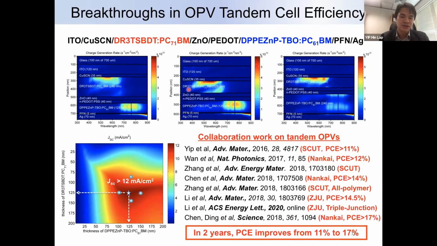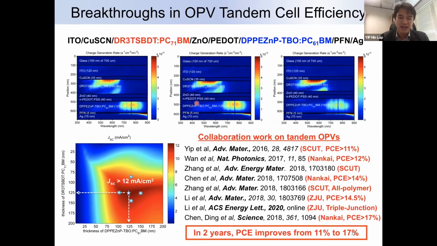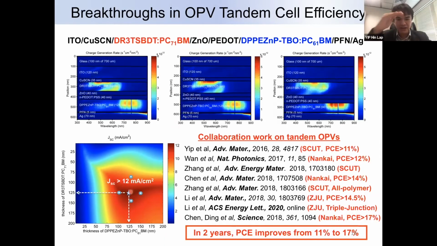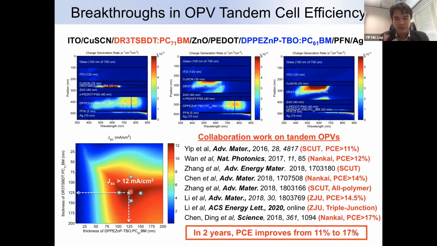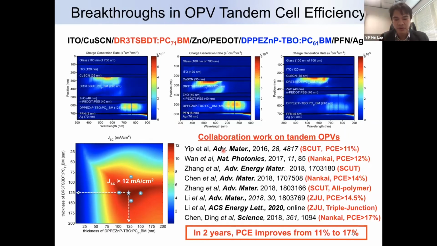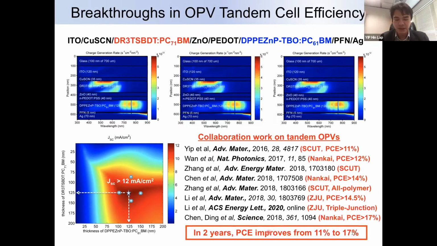Therefore, we can use this transfer matrix model to estimate the best device architecture that can give us the right thickness for each layer and give us the biggest photocurrent. With that, we continued to improve the performance and this led to a very high performance tandem cell, over 17%.